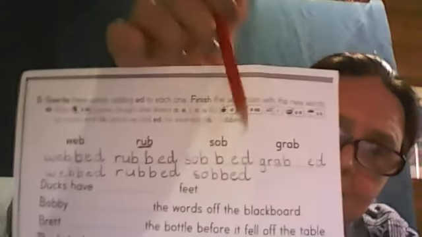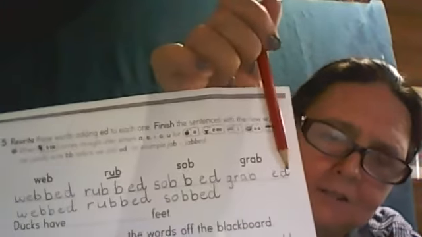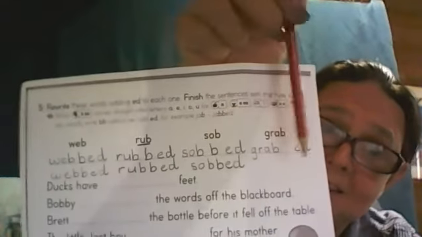Do you think you need to write ED at the end of the line? ED. We're adding ED onto all of these words today, aren't we? Grabbed. Well, it nearly says grabbed, but something is wrong.